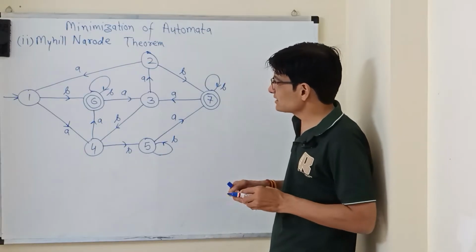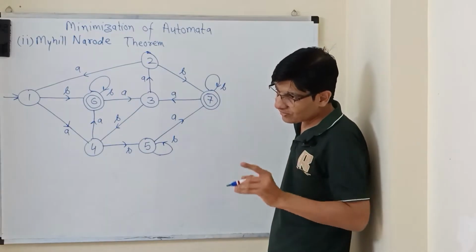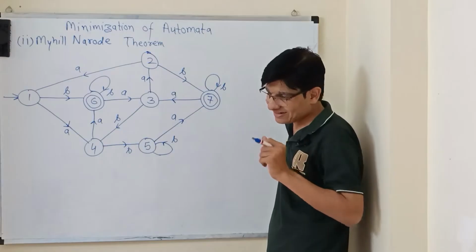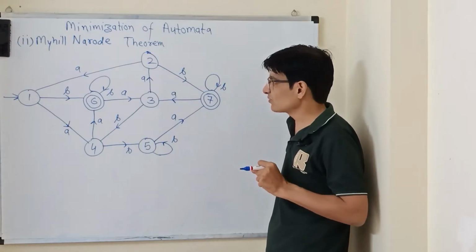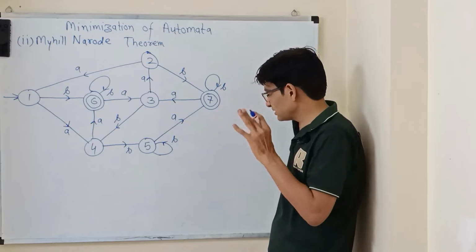For this, we create one table, and in this table the number of rows and number of columns are the same.